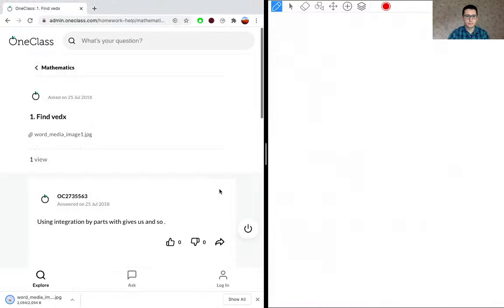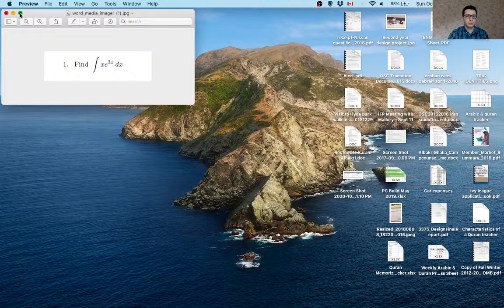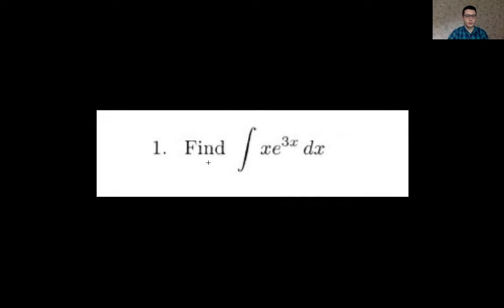Let's open up this image. So we're given an integral. So we have to find the value, or we have to just evaluate the integral for this function.